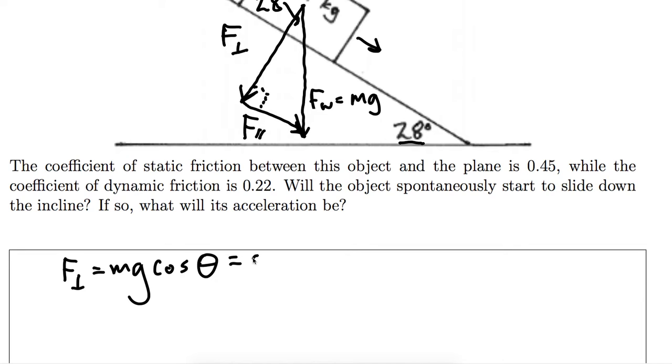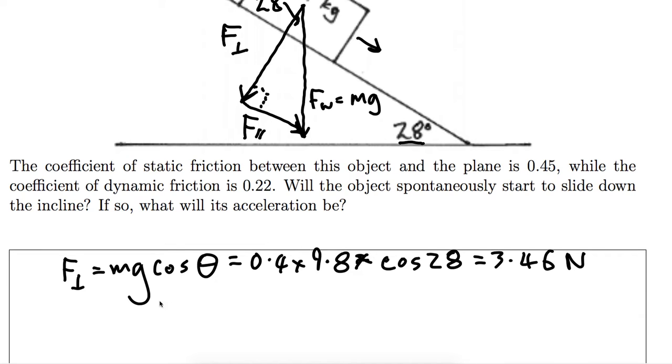So the mass is 0.4 kilograms. The acceleration due to gravity is 9.8 meters per second squared, or 9.8 newtons per kilogram, times cos of 28 degrees is going to equal 3.46 Newton. So that's the force parallel to the surface. That's the one that's going to contribute to friction.